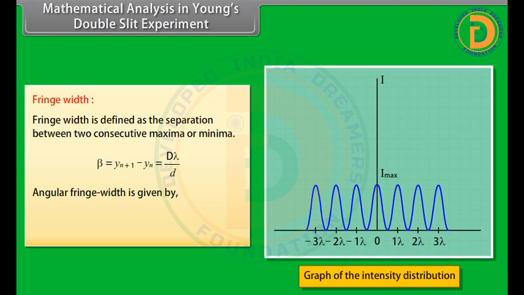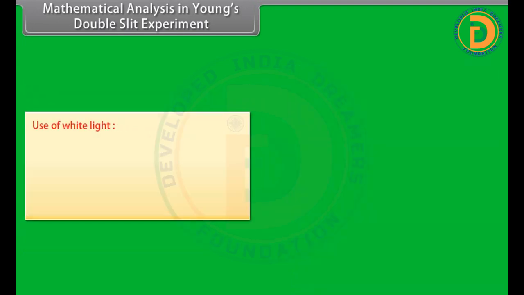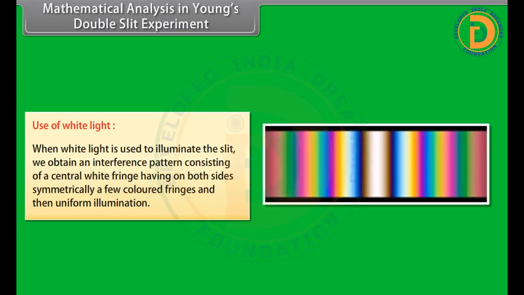Angular fringe width is given by beta upon D, which is equal to λ upon d. Use of white light. When white light is used to illuminate the slit, we obtain an interference pattern consisting of a central white fringe having on both sides symmetrically a few colored fringes and then uniform illumination.